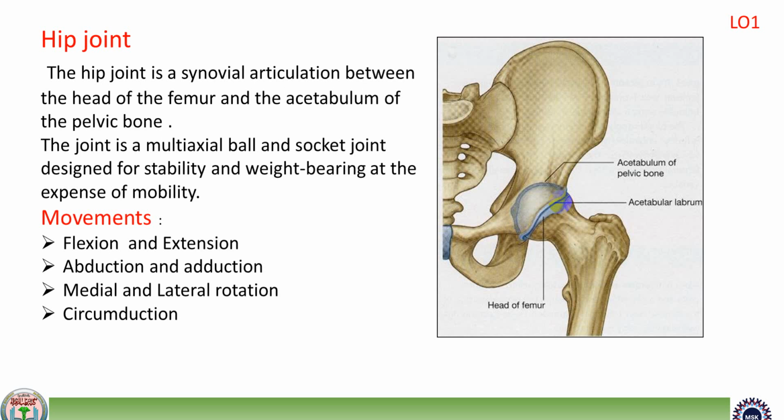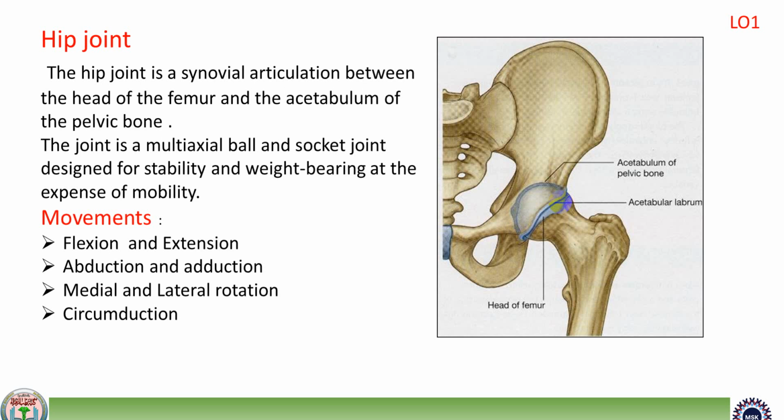If we remember the shoulder joint, there is a wide range of movement at the expense of stability. Here, although it is ball and socket, it is designed for stability and weight bearing at the expense of mobility. The movements that are possible in the hip are flexion, extension, adduction, abduction, medial and lateral rotation, and circumduction.